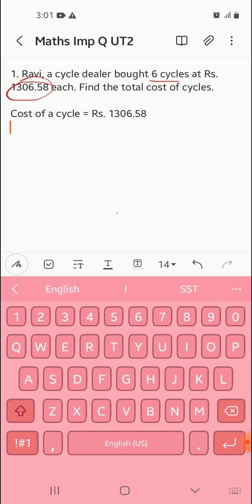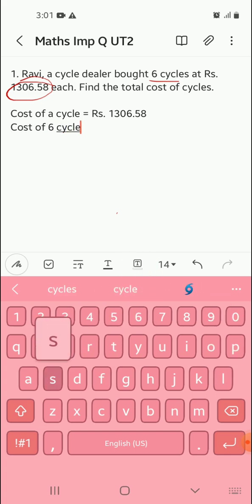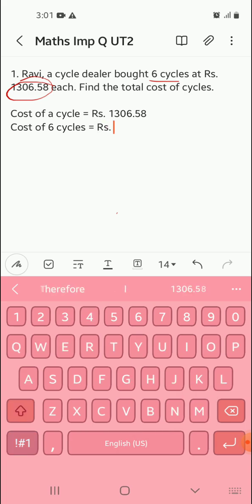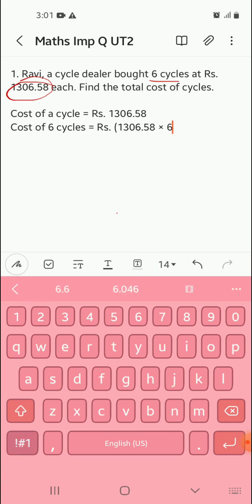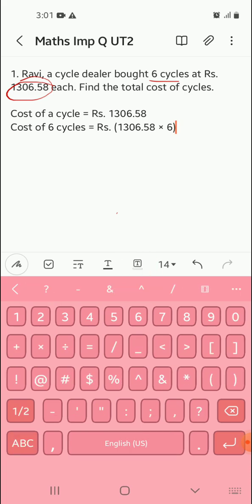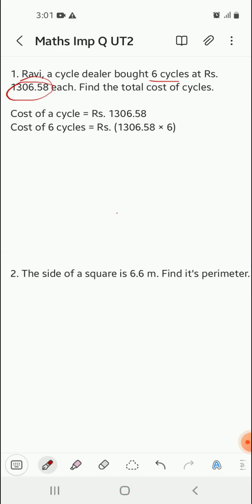So we'll write cost of 6 cycles is equal to rupees 1306.58, that is 58 paise, into 6. Now we are going to work this out.